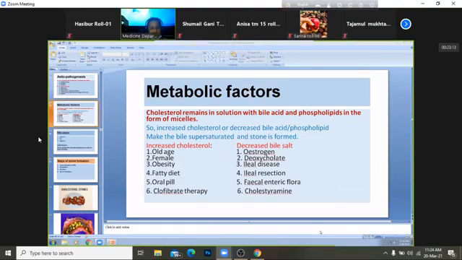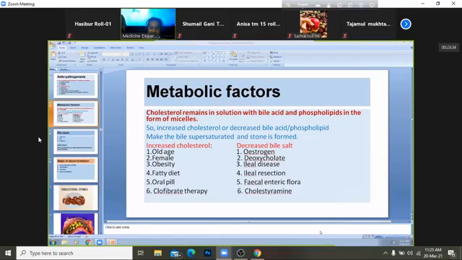Contrary to that, there are situations where the bile salt secretion will be decreased, like estrogen, oral dissolution therapy that enhances the excretion of the bile acid.